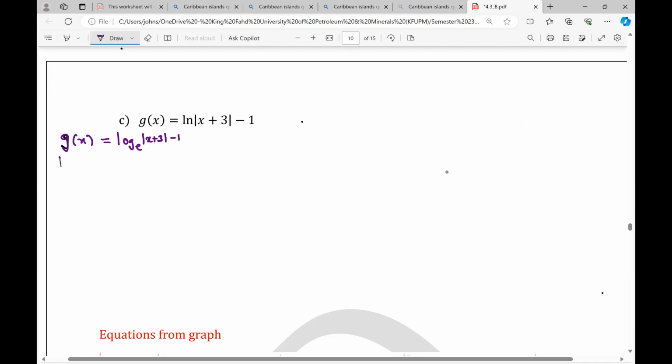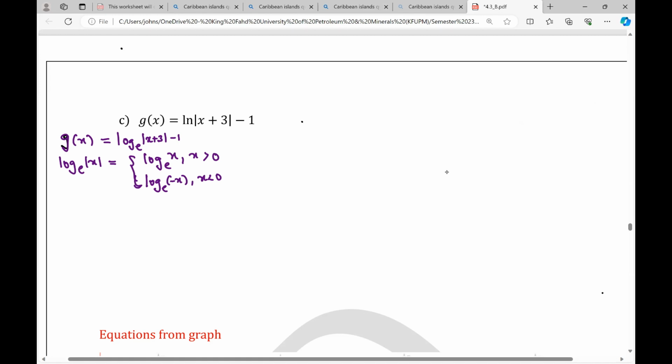So we can start with the graph of log to base e of the absolute value of x, which is nothing but log e of x if x is greater than 0. In this case, x cannot be 0, because if x is equal to 0, we cannot define the logarithm. And it is log e of minus x, where x is less than 0.